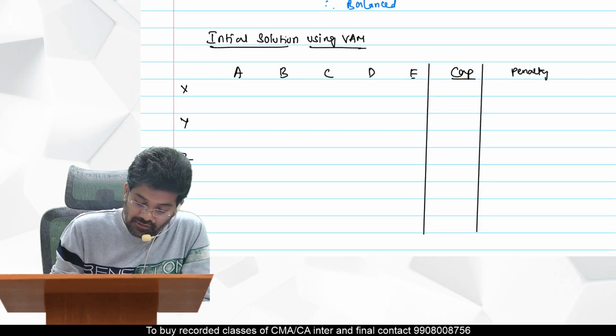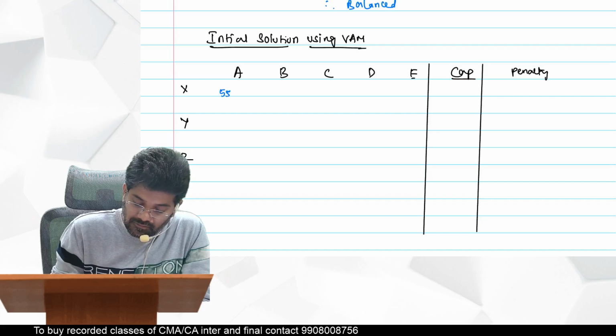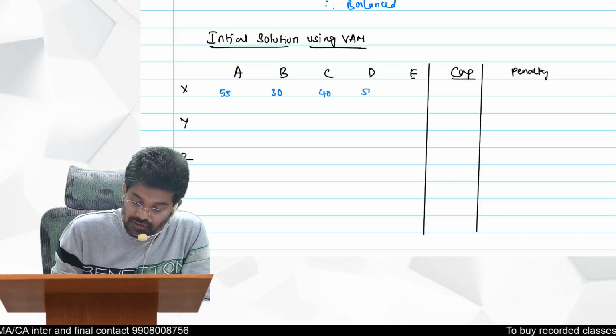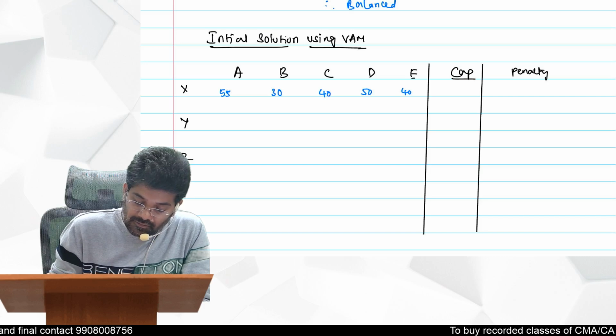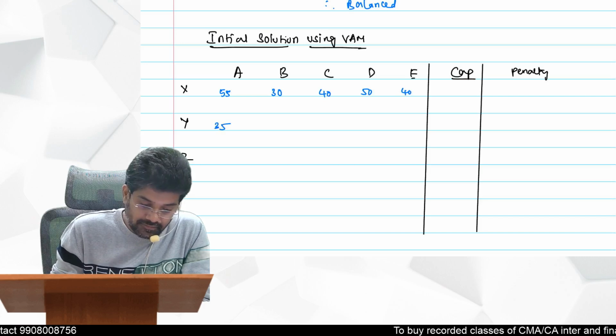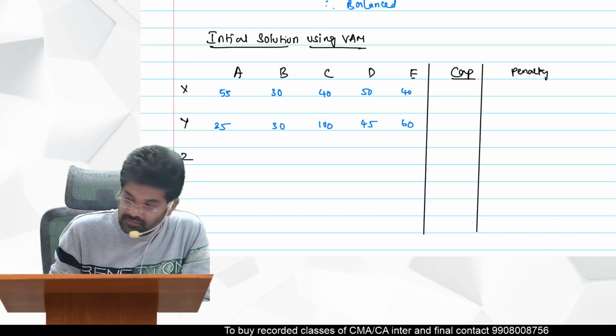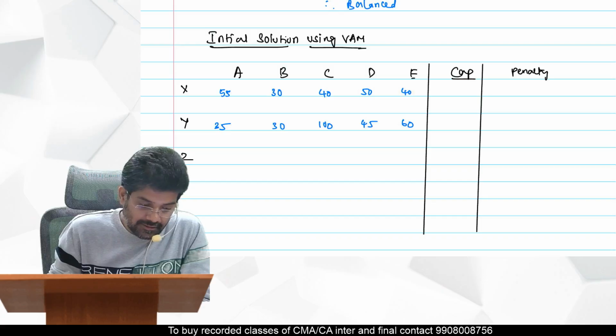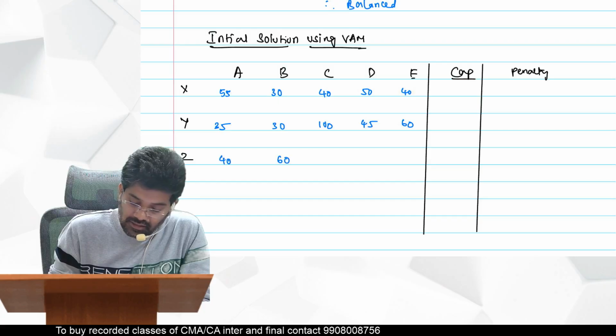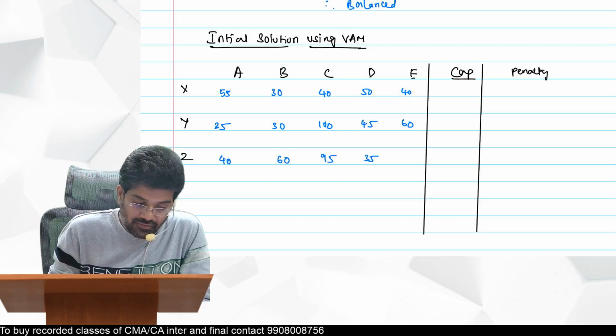What is the cost here? 55, then 30, 40, 50, 40. Here it is 35, 30, 100, 45, 60. Next, 40, 60, 95, 35, 30.